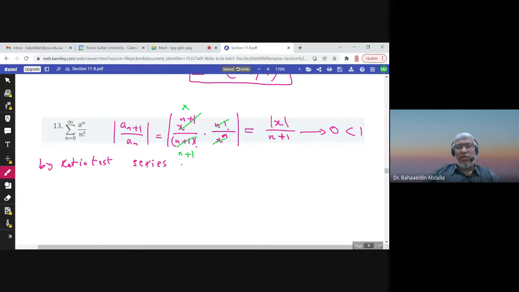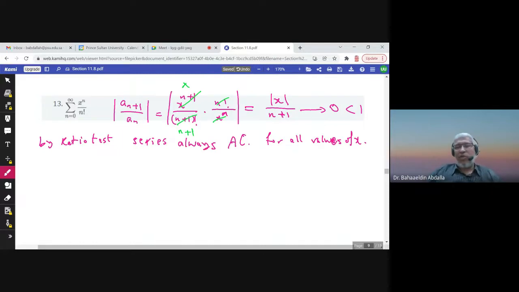So series always absolutely convergent for all values of x, because it's always 0. So the radius of convergence is infinity, and the interval of convergence is from negative infinity to infinity.